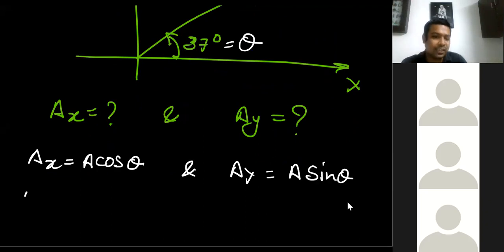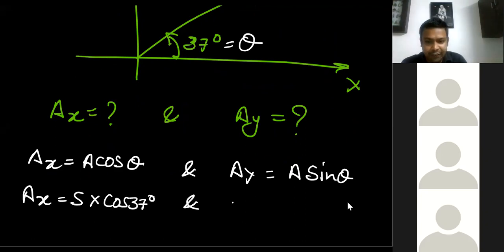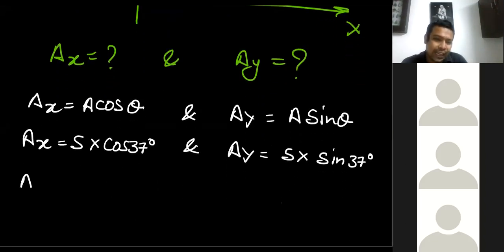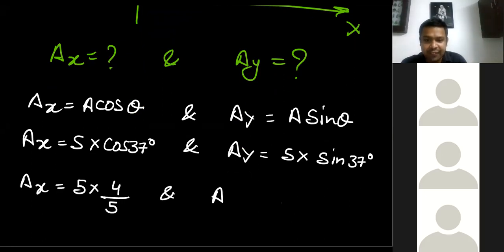So here, my dear friends, A is 5, cos theta is cos 37, and Ay is 5 into sin 37 degrees. Clear, my dear friends? So Ax is equal to 5 into cos 37, which is 4 by 5, and Ay is equal to 5 into sin 37, which is 3 by 5.